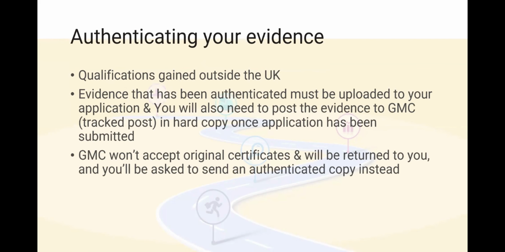So what is authentication, or which evidence requires authentication? Qualifications gained outside the UK. Evidence that has been authenticated must be uploaded to your application, and you also need to post the evidence in one hard copy. Repeating again and again, because people are still asking: original certificates are not to be sent to the GMC, please.